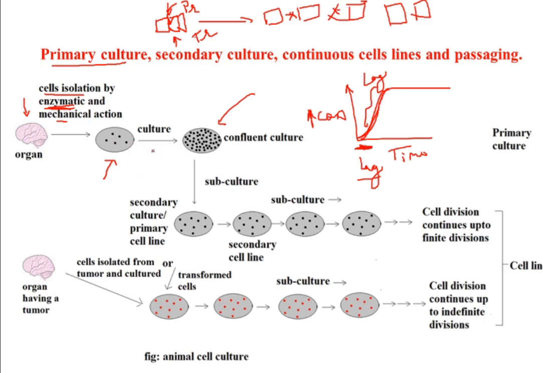So in the course of time, the cells will grow and divide, and a confluent layer is formed. It can be defined as 70% confluency, 80% confluency, 90% confluency, and 100% confluency. What happens in 100% confluency? The entire surface of the media will be occupied by cells.